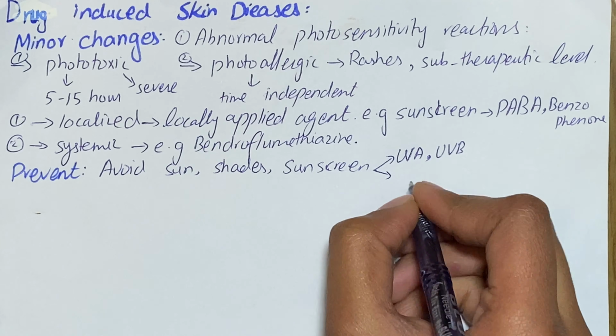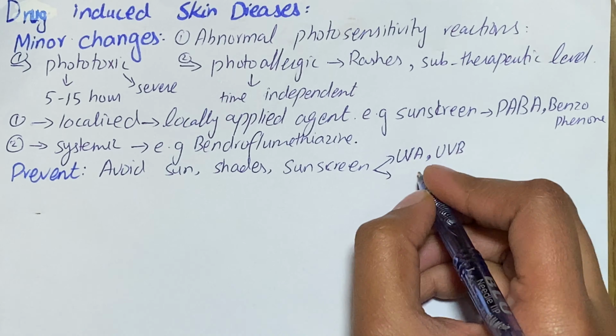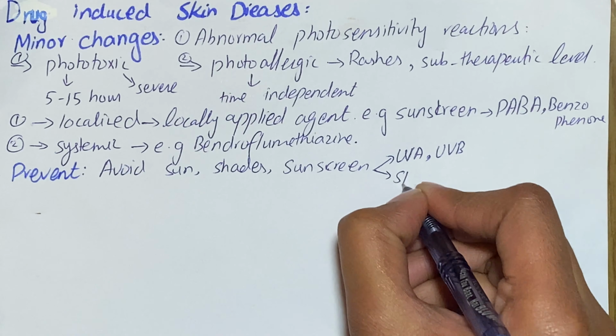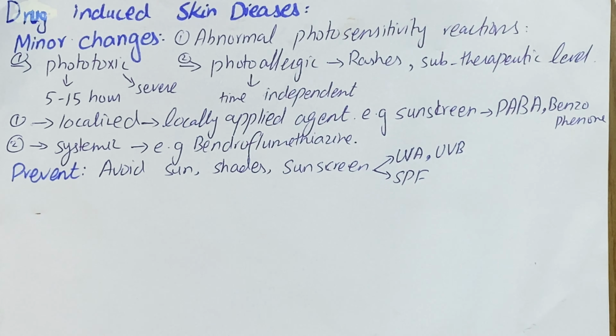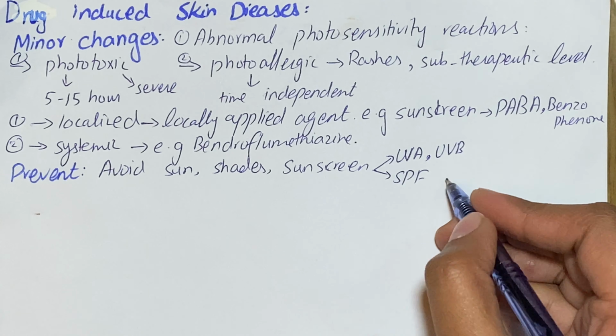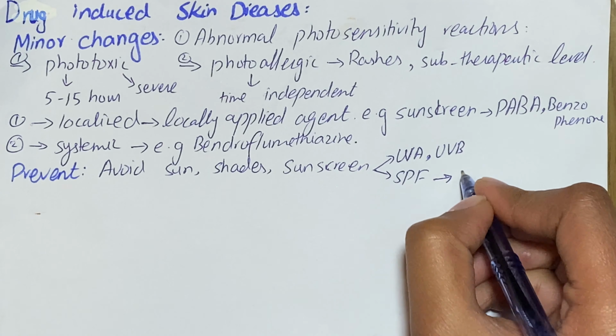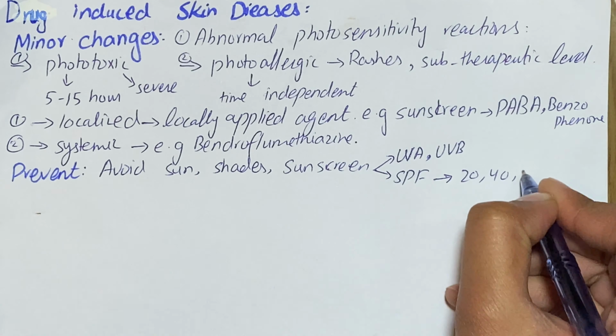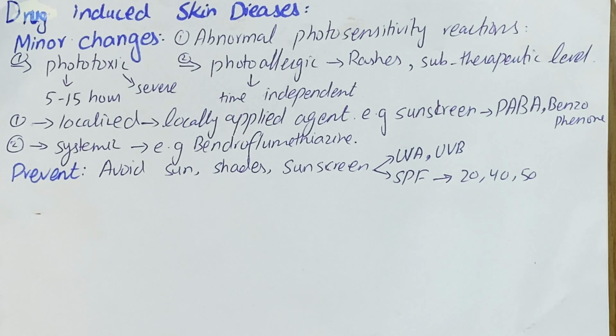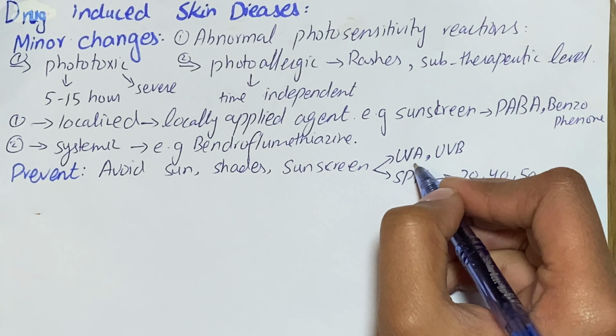Okay, if you have ever observed, sunscreen has two things: it provides you protection against UVA and UVB radiations, and it also has SPF. SPF is mentioned with numbers like 20, 40 or 50, and protection against UVA and UVB radiations is shown with stars.